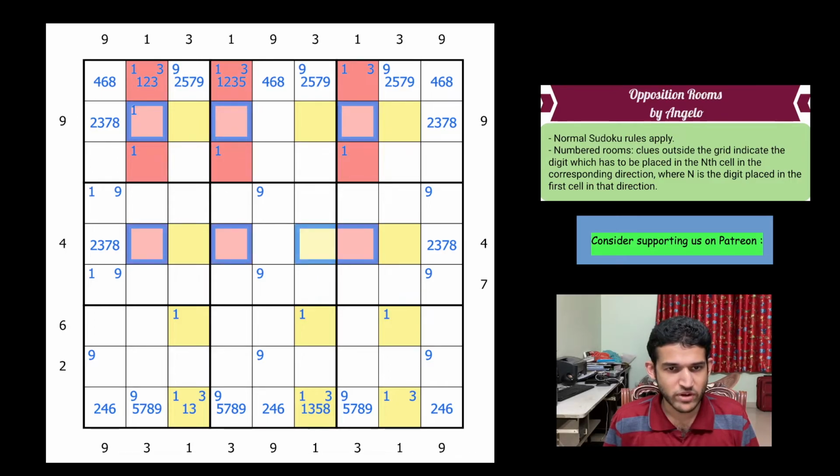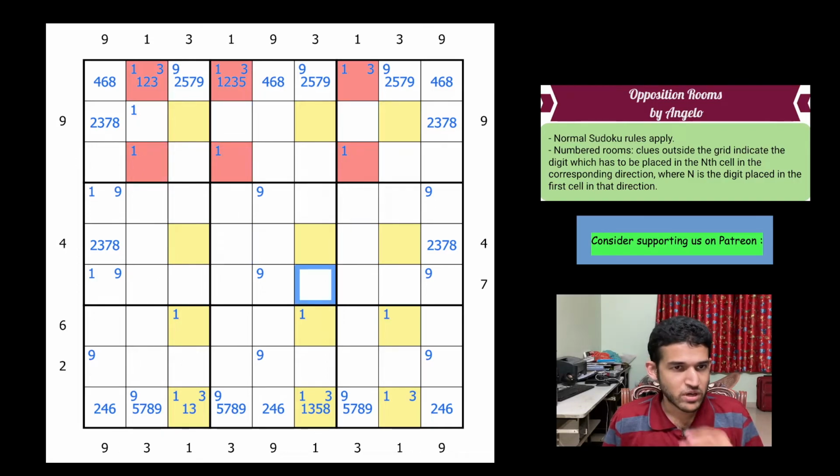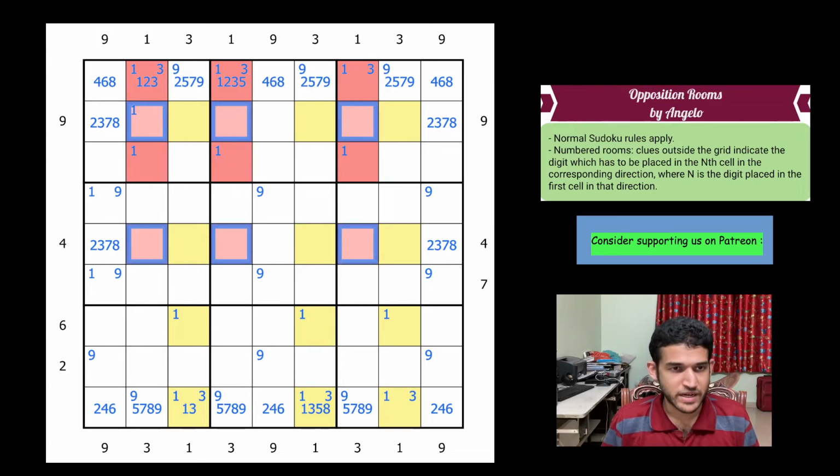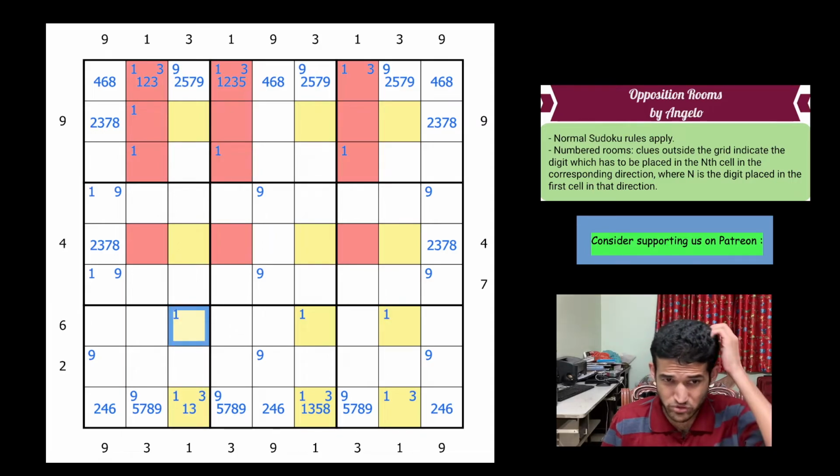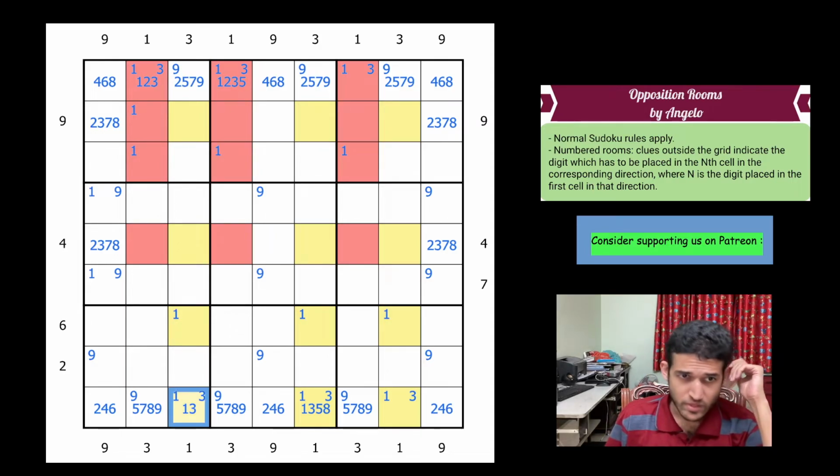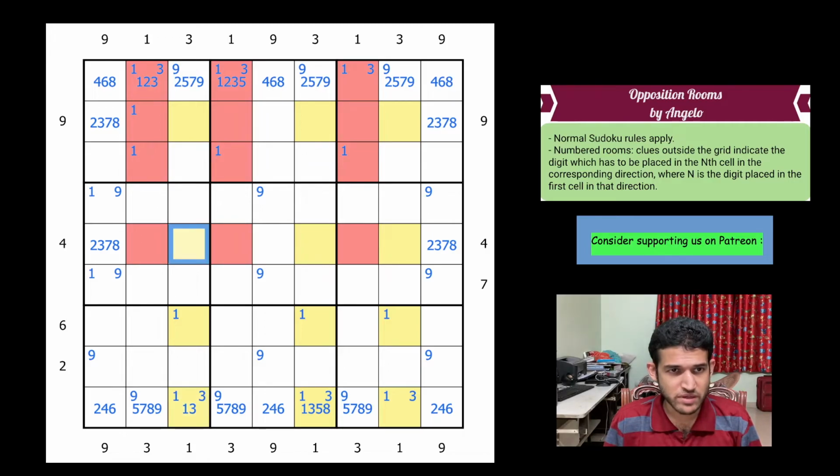So I'll just make them white for now. So now we have 3 3s to be placed and exactly 2 rows. That's simply not possible. So which means that 2 of these rows would have to take a 3 and exactly one of these rows will be a 3.